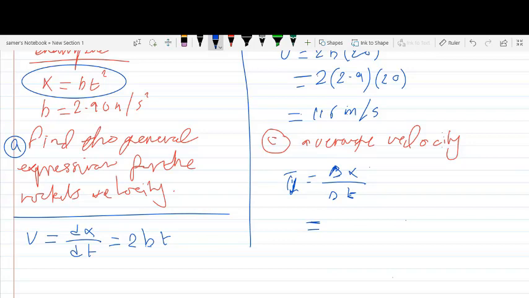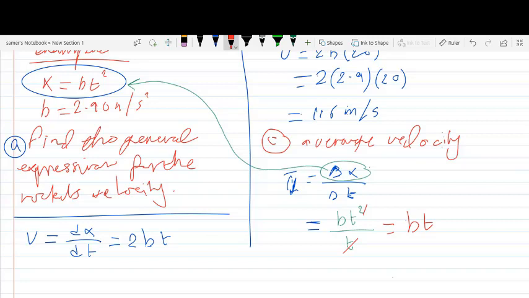And the displacement, as we know, delta x, as it is given by the problem, is bt squared. So we can simply write bt squared over t, which is the time. We simply cancel t with the square to get bt. So to find the average velocity, we simply multiply the constant b by the time.